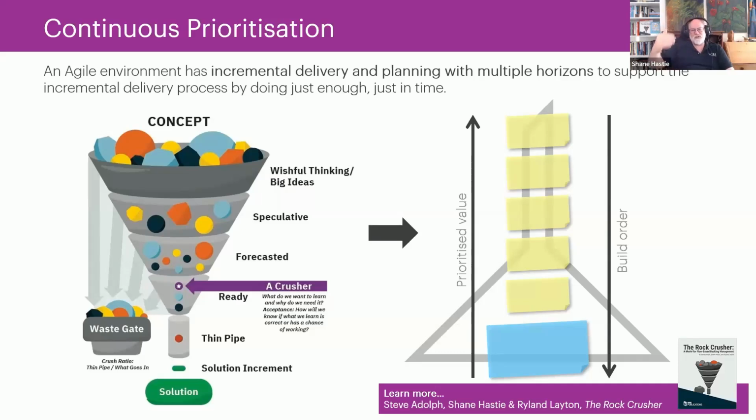In the Agile extension, we talk about multiple rolling wave planning for deliveries. Well, what are your time horizons? In the Rock Crusher, we talk about ready, forecasted, speculative, wishful thinking. Again, where are your time horizons? How do you grind work down? How do you make sure that stuff is being pushed out through the wastegate?